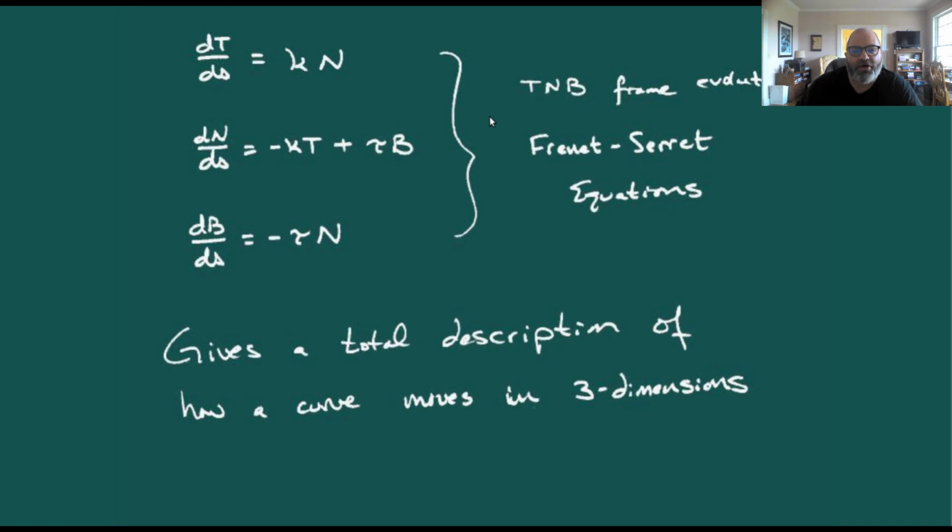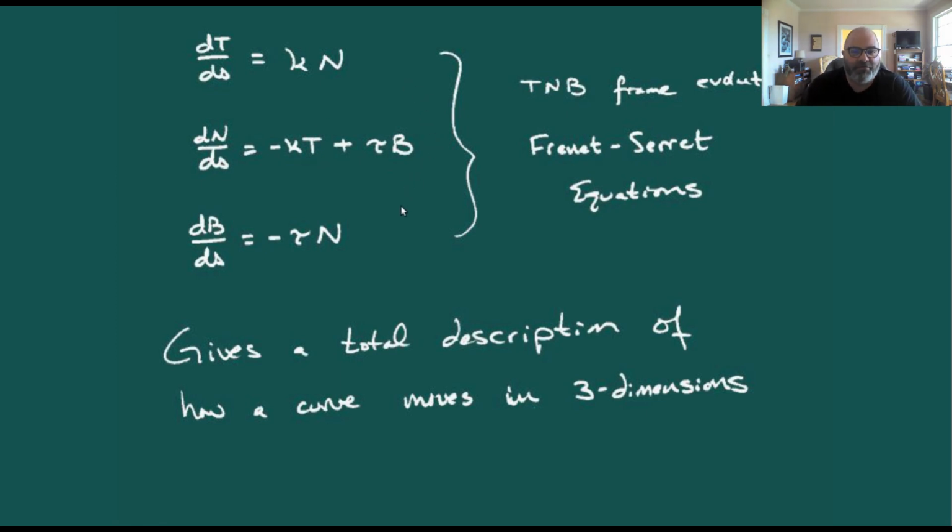And by looking at how those things change with respect to the arc length of our curve, we get a way to describe how our curve is evolving as we move along through time, expressed totally in terms of the vectors of our three-dimensional coordinate system itself, our T, our N, and our B.